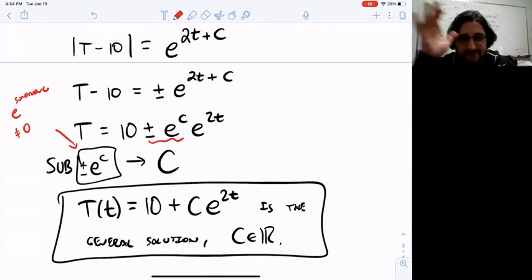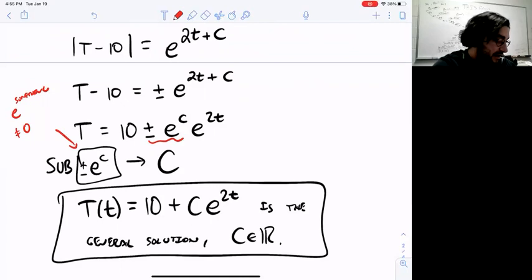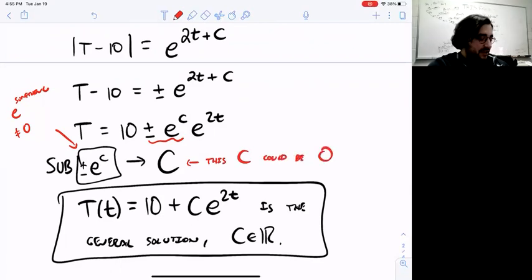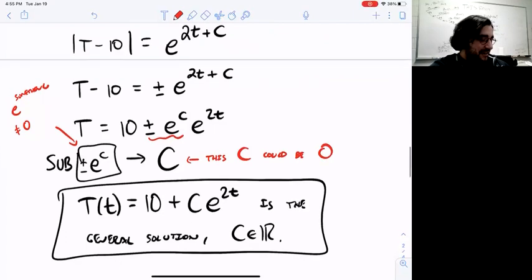So that's how it kind of traces through in the algebra there. Now here, this c can be 0, right? So just be careful. Did you introduce a new solution when you renamed it? Well, yes, you did, but we want that one, right?